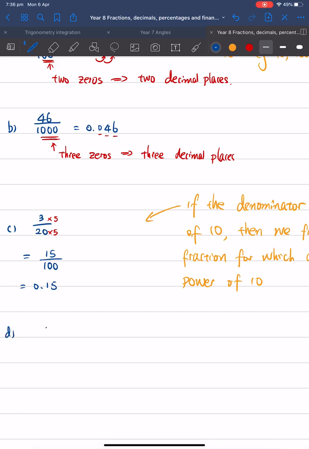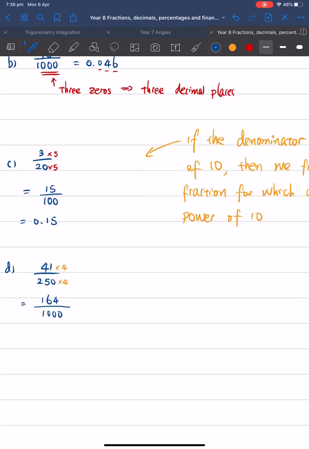So let's try another example here. I have 41/250, for example. Now obviously 250 is not a power of 10, but we can change that 250 by multiplying everything by 4. Then you will see that 250 times 4 is equal to 1,000, and then 41 times 4 is 164.